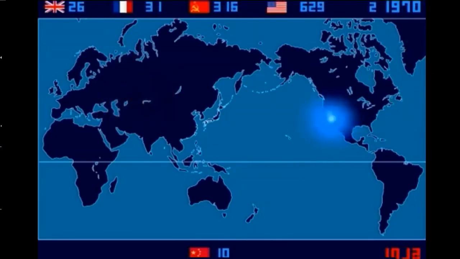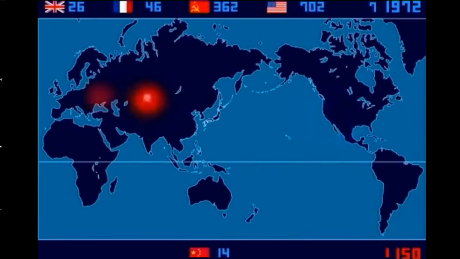So as soon as one country detected the other country's launch of a nuclear missile, or an intercontinental ballistic missile, an ICBM, they would be able to launch a counterattack before the first bomb had even gone off. So this was kind of the only thing that stopped World War III from happening at this point, because these countries knew that if they launched an attack at one another, they would receive attack upon themselves.